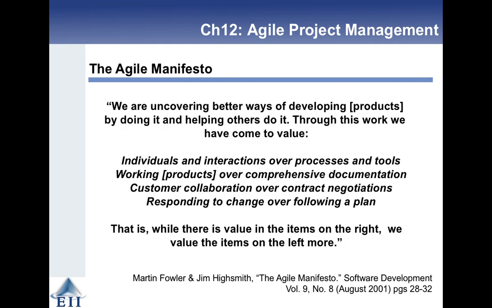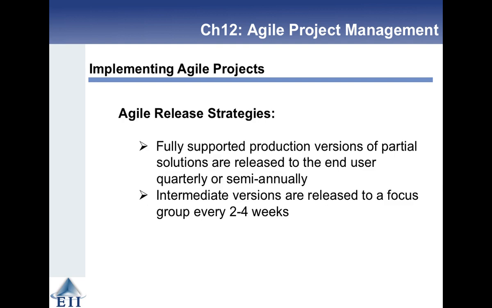We talked about the Agile Manifesto previously in the Chapter 11 slides, so I'm not going to go through it again, but you should understand what this manifesto is saying. So when you release product under an Agile methodology, you have fully supported production versions of partial solutions, and they're released on a regular basis, whether it's quarterly or semi-annually or annually or whatever the aim is.